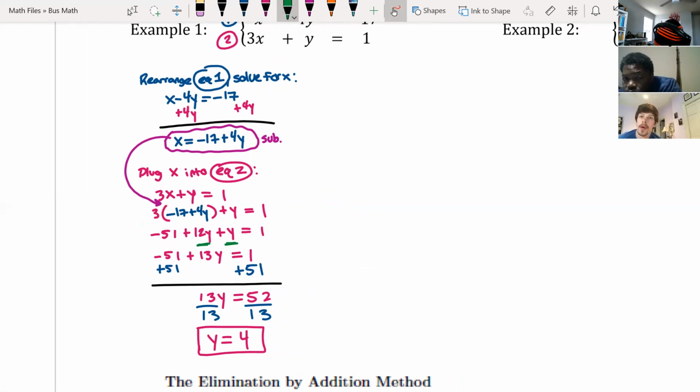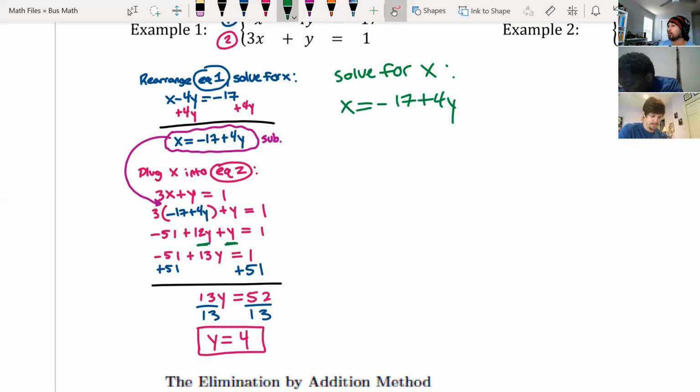So I'll just call this solve for x. And we use the sub. I'll rewrite it. X equals negative 17 plus 4y. And now, again, I'm going to take this y value of 4 and plug it in for that y.